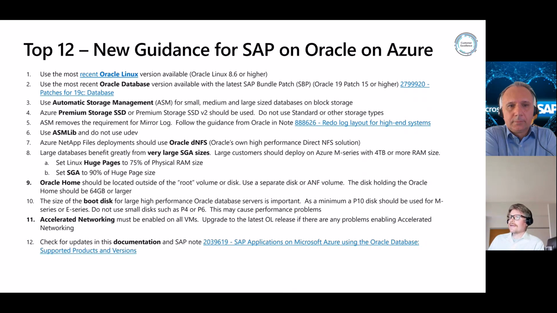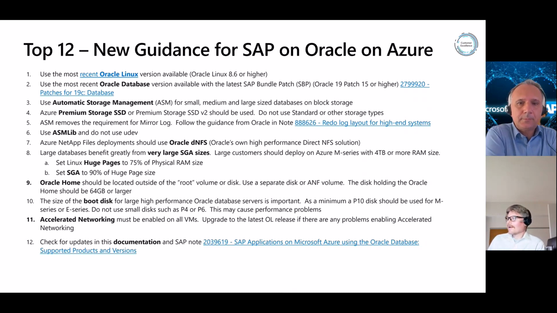Another benefit of ASM is, depending on your requirements, you can remove the mirror log. We have customers who have deployed configurations like this. Azure Premium Storage, of course, gives you 3 independent copies of storage.